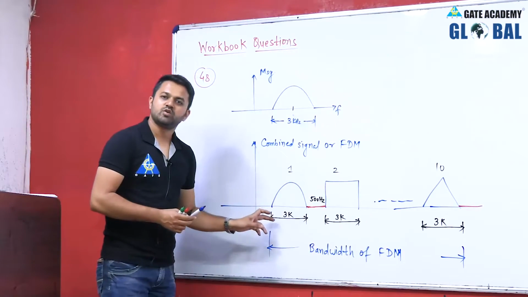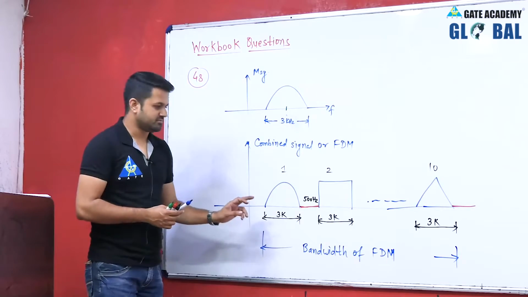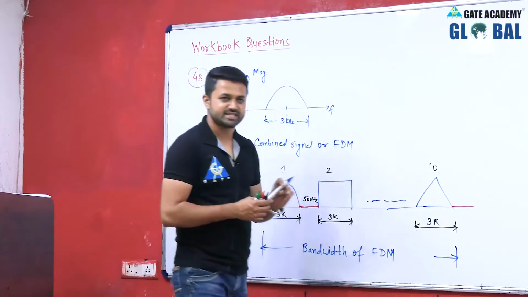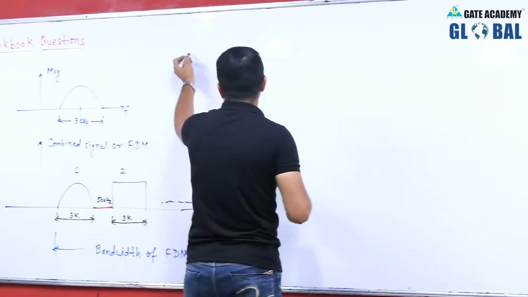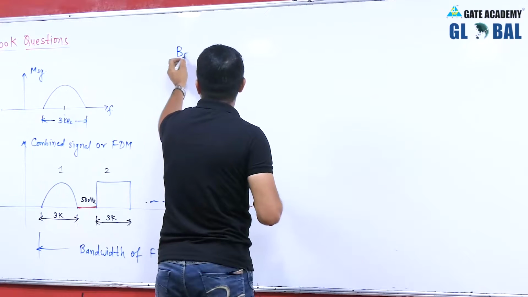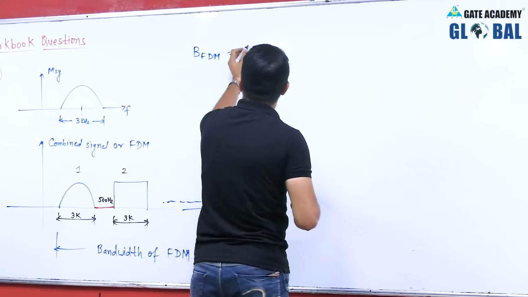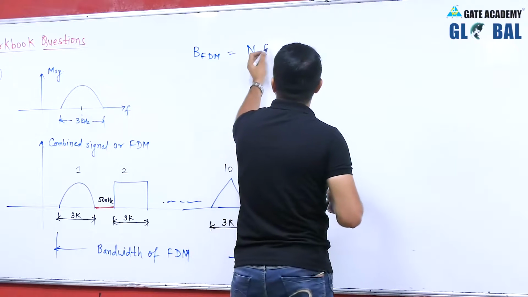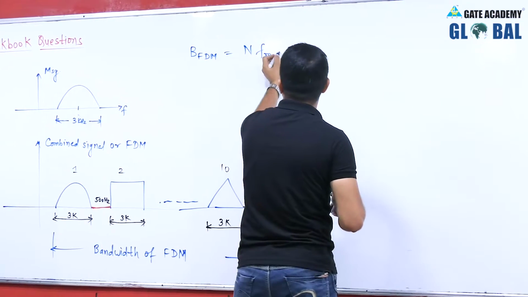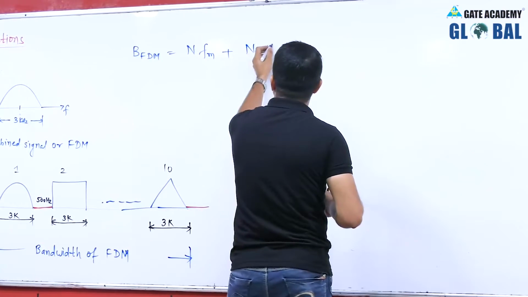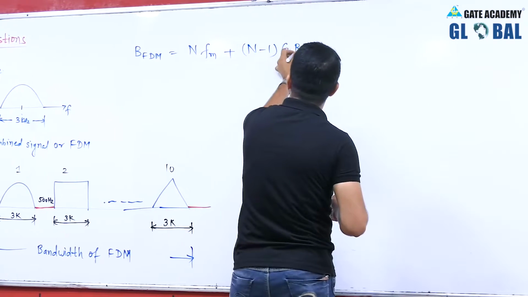Now how do we calculate bandwidth in case of FDM? Because all the message signals have the same frequency or same bandwidth, the bandwidth of FDM is n times the bandwidth of the message signal plus n minus 1 times the guard band.